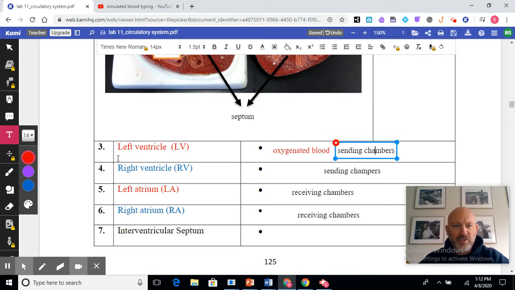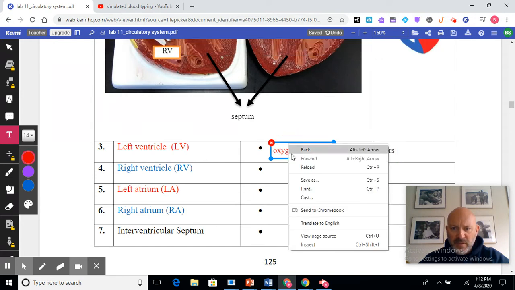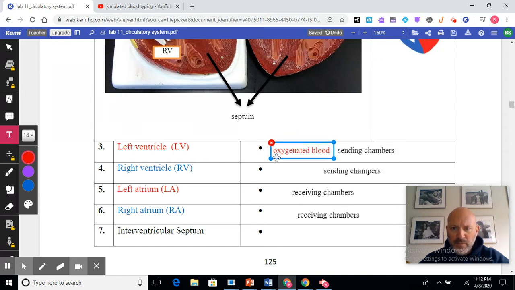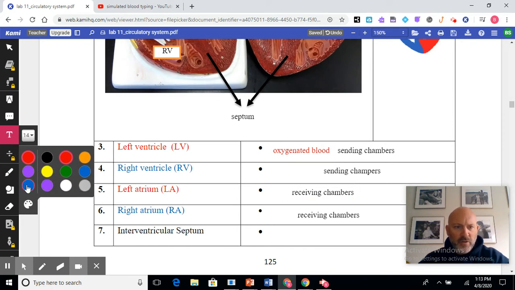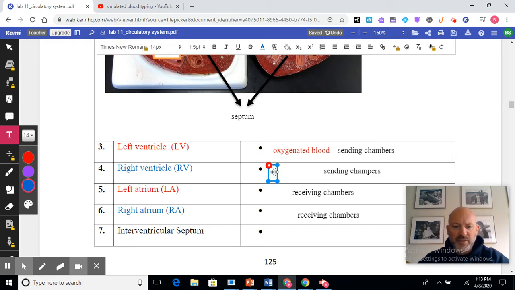Oxygenated blood sending chambers. And then over here, this is a deoxygenated blood sending chamber.